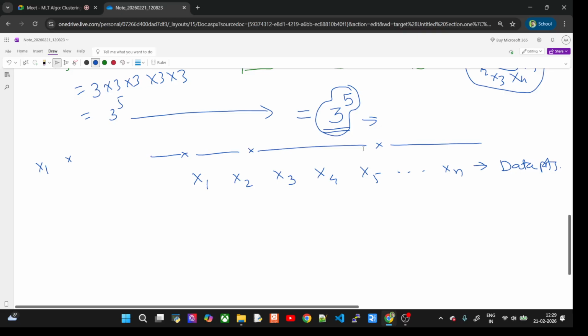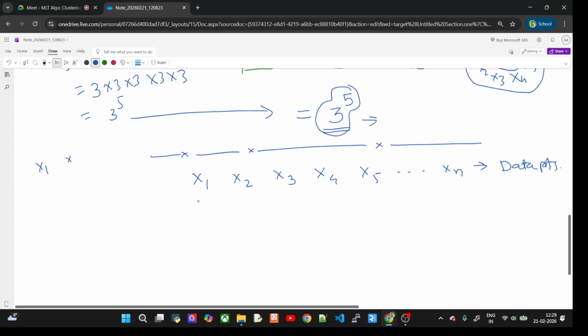Similarly, if you have x1, x2 till xn data points, you have a chance of separating those data points, creating groups of the data points and putting them into some box. Putting into a box means you are indirectly creating a group or a cluster of those data points or input points in that box.